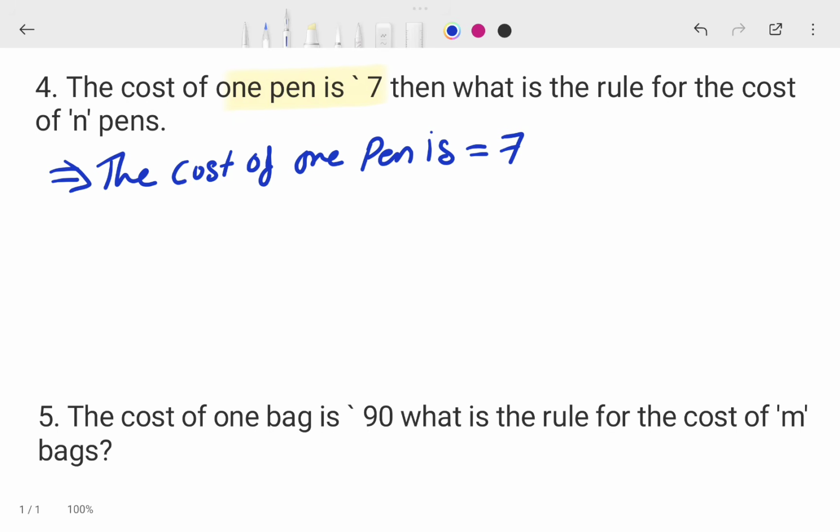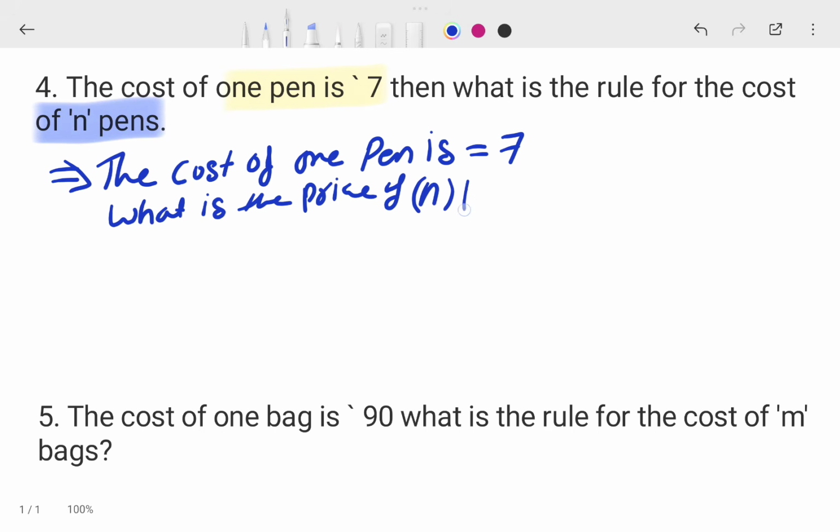Right. The next question is telling, what will be the rule for the cost of n pens? What is the price of n pens? n pens, which we don't know.